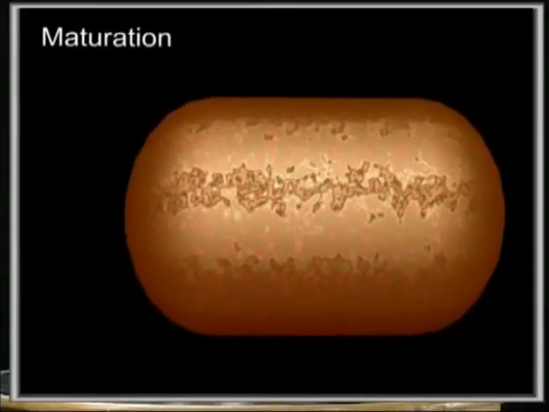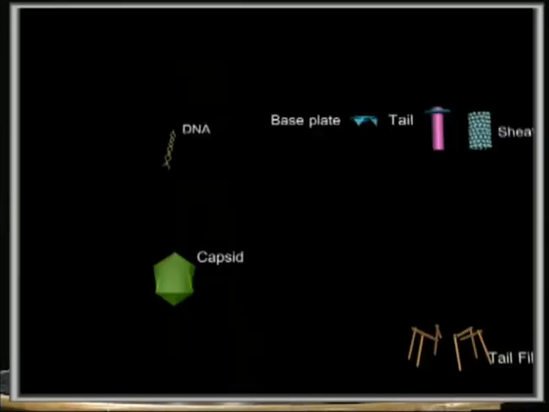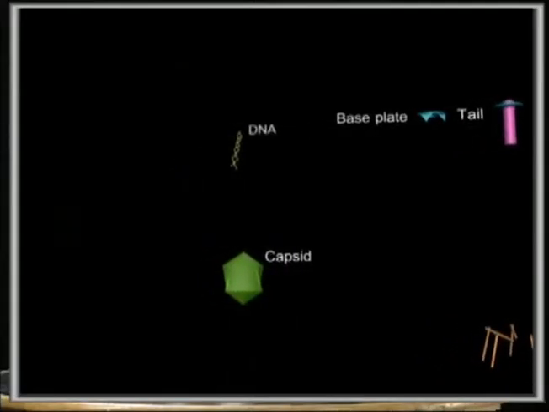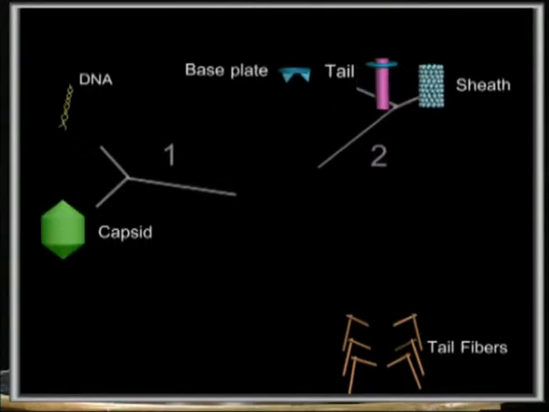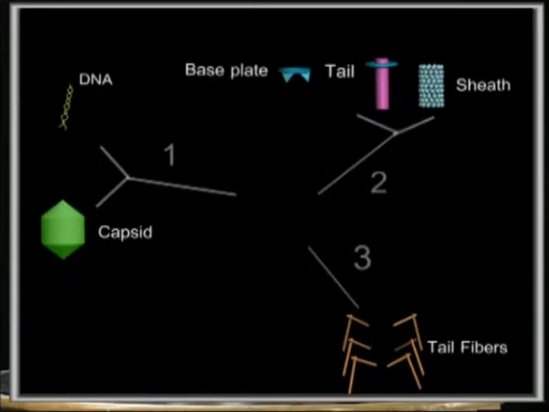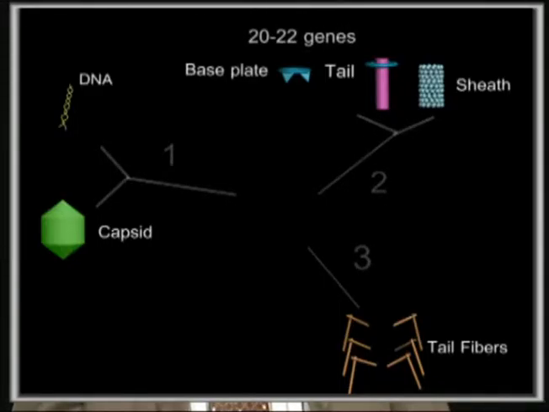Maturation. In this process, the bacteriophage DNA and capsids are assembled into complete virions. The phage head, tail, and tail fibers are assembled separately following 3 different pathways, each being genetically controlled. There are about 50 architectural genes which control the synthesis and assembly of new viruses.